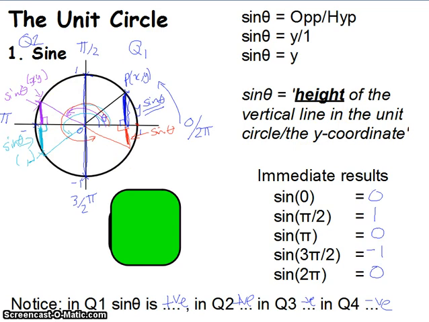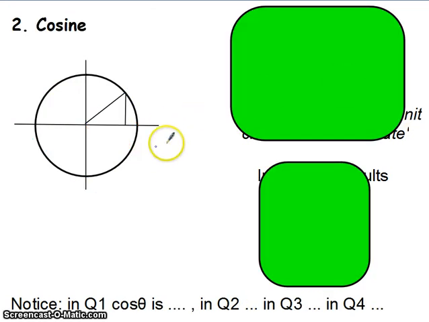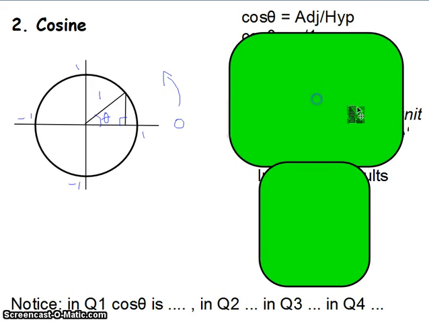Okay, now cosine. If we have a look at cosine here and label our diagram in the same way, we've got a hypotenuse of 1, this is theta, it's a right angle triangle, and we have 1, 1, negative 1, negative 1, starting at 0 degrees and travelling in an anti-clockwise direction. Now, this time, with our point xy there, cos theta is adjacent over hypotenuse.